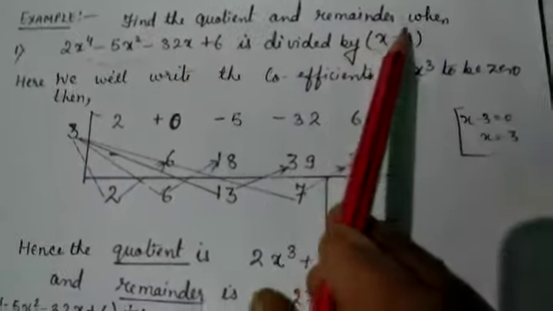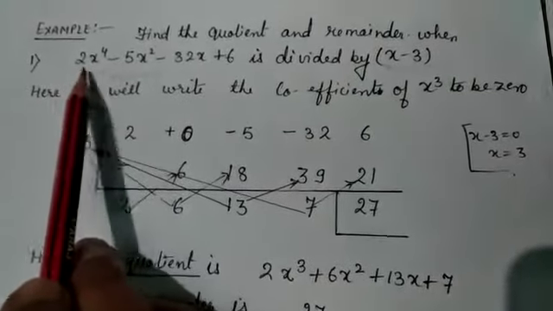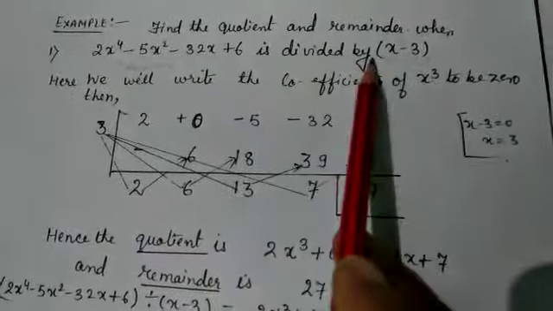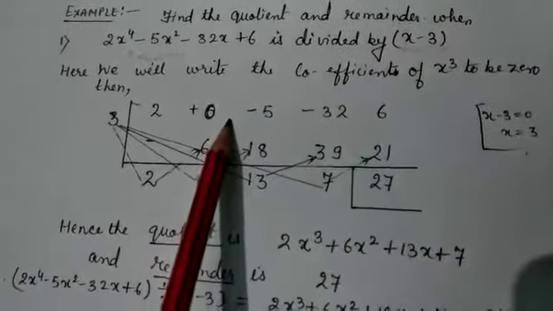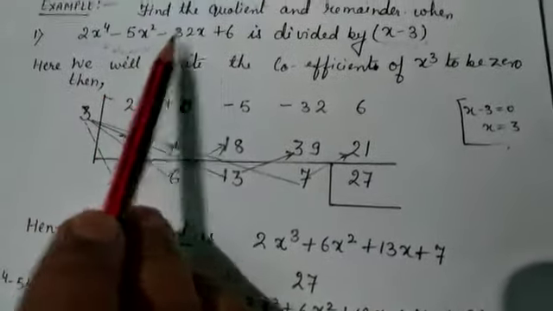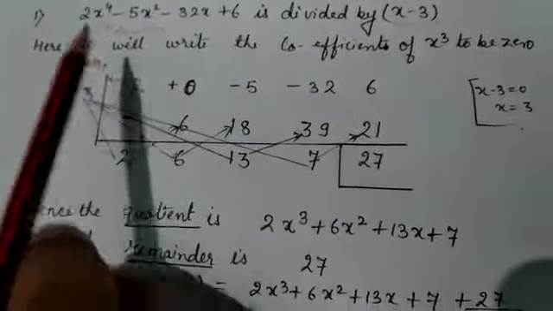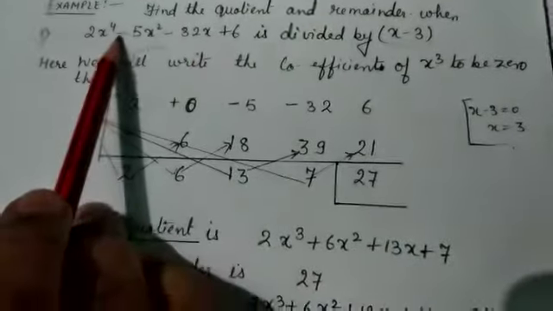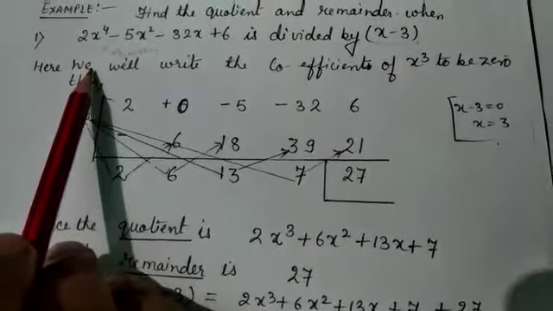Find the quotient and remainder when this polynomial is divided by x minus 3. So what is the polynomial? It is 2x to the power 4 minus 5x square minus 32x plus 6. Here you can see the coefficient of x cube is missing.